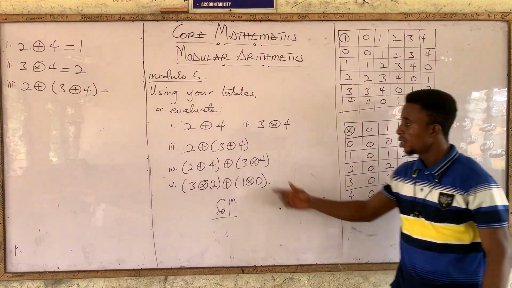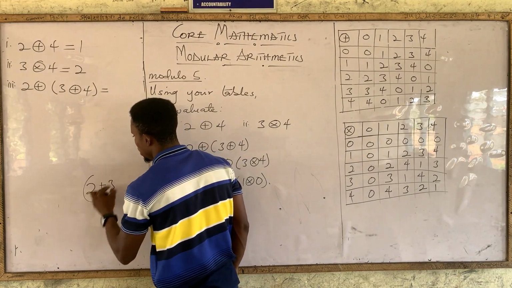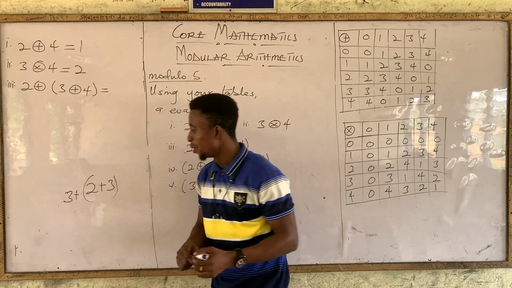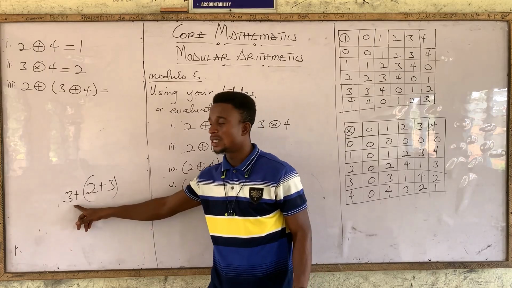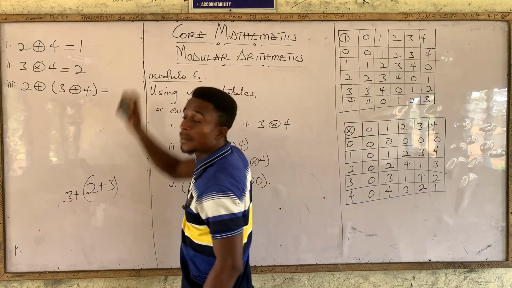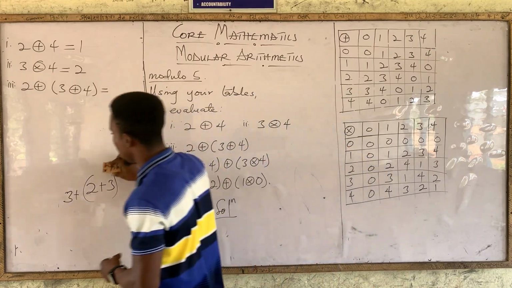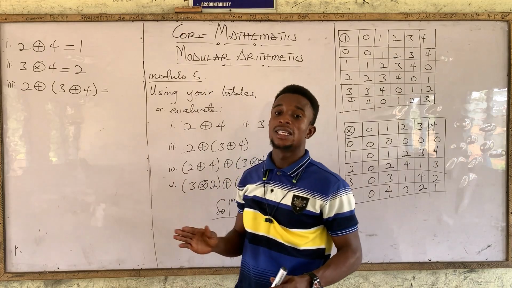You know, whenever you are given, let's say, 2 plus 3 multiplying 3, what do we do first? We first of all add what is inside the bracket before adding the result to the rest. That is the law of BODMAS, right? So the law of BODMAS comes here. We solve what is inside the bracket first before doing the other ones.